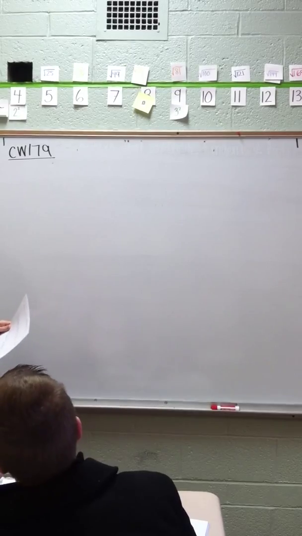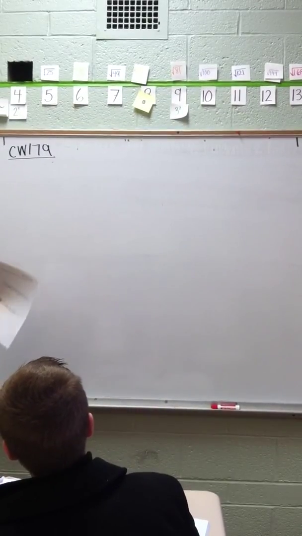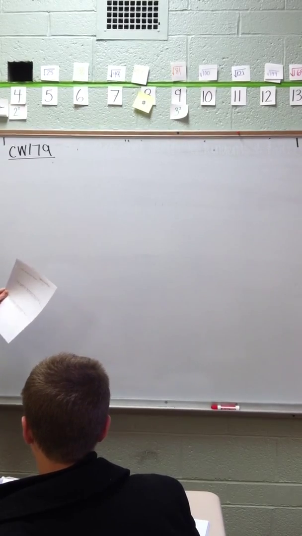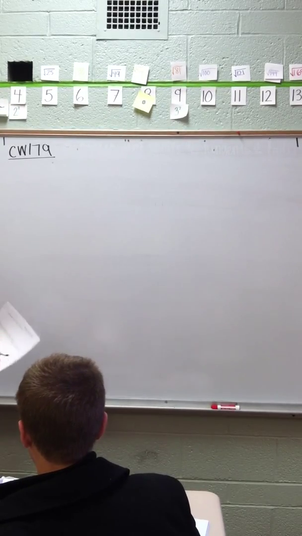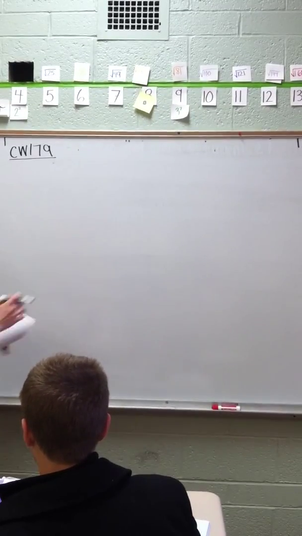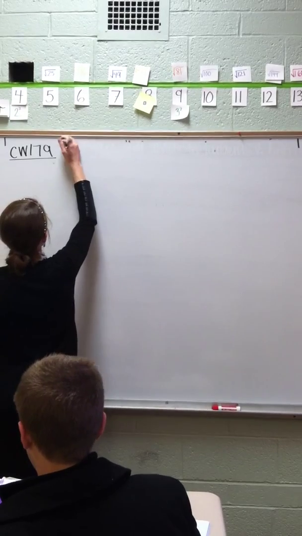Classwork 179. Our objective is to write the equation of a line given 2 points or a slope and a point. Okay? I don't really have room to write that up there, but here we go.